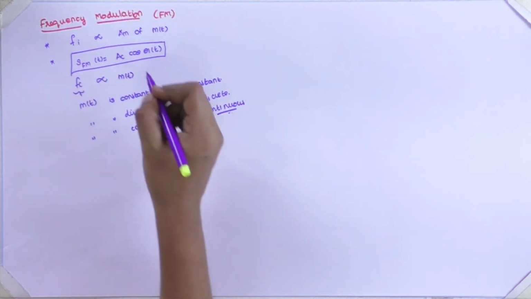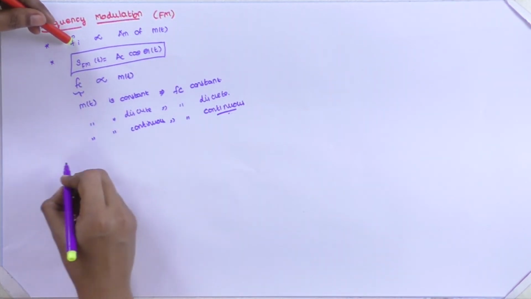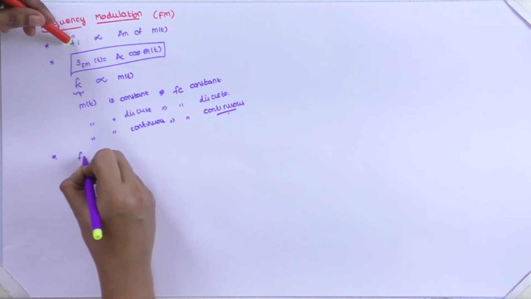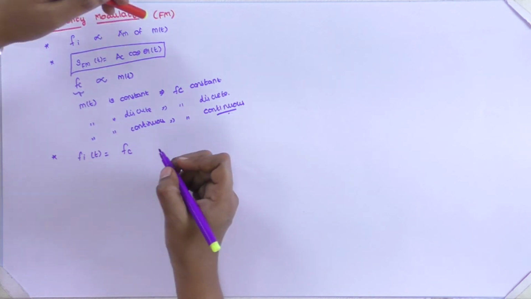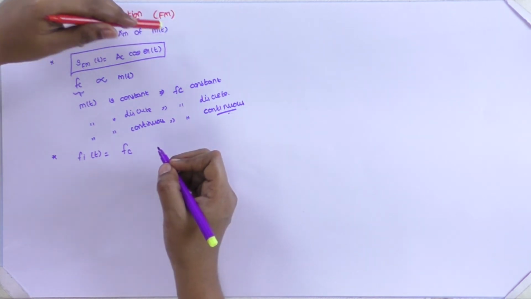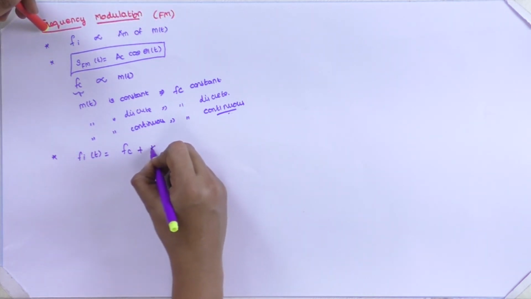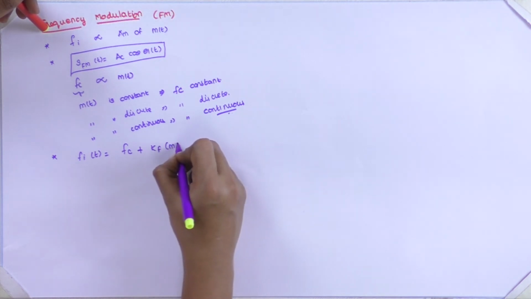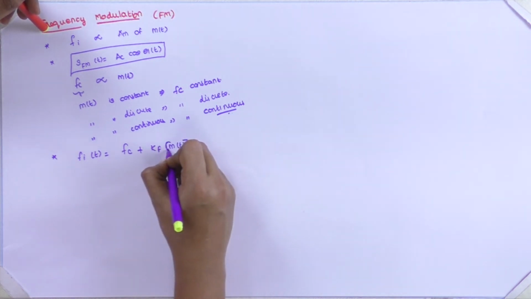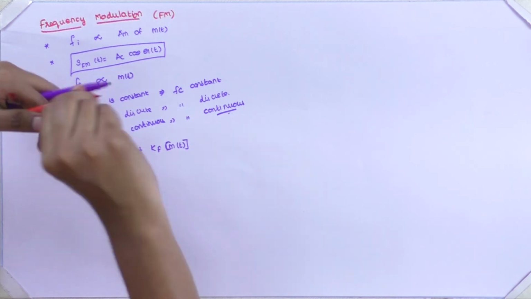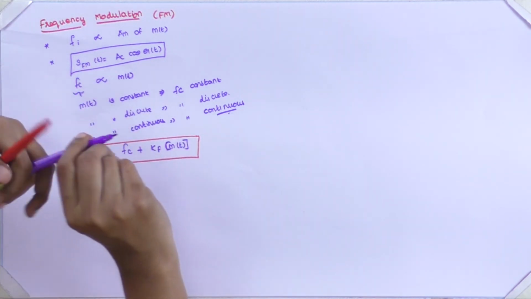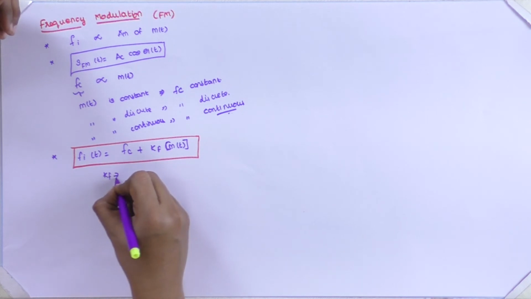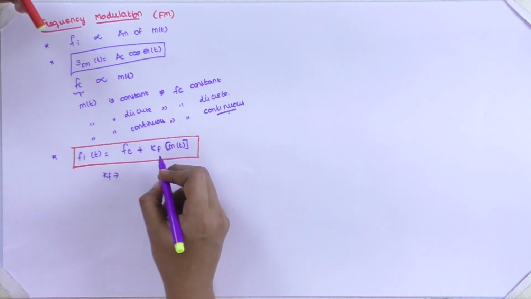We have just now seen the definition of frequency modulation. Our instantaneous frequency Fi of t is varied in accordance with the amplitude of the message signal. Therefore, Fi of t is Fc plus Kf into m of t. This Kf stands for the frequency sensitivity factor of the modulator, where Kf is similar to Kp, which is the phase sensitivity factor.